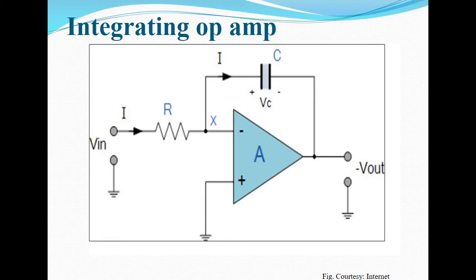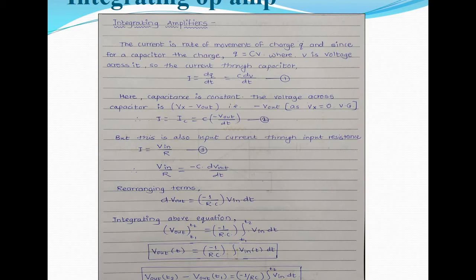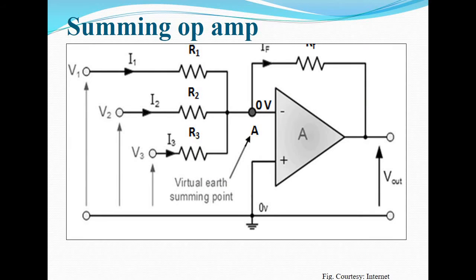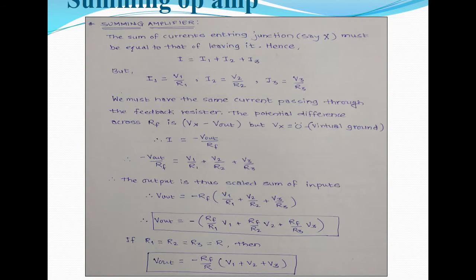Then we have seen the integrating operational amplifier. Then the third type is the summing operational amplifier, which adds the input signals or input voltages. And finally, we have derived the formula.